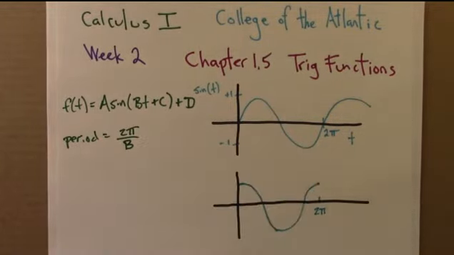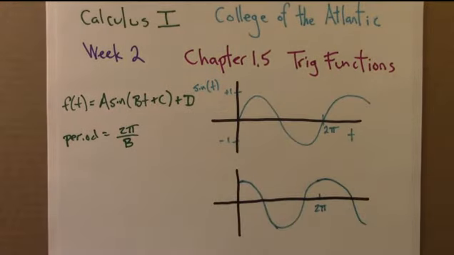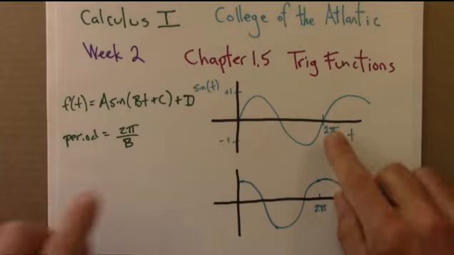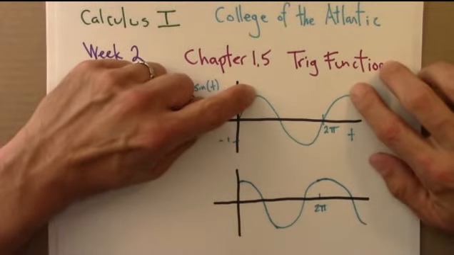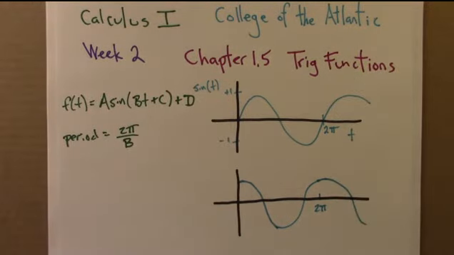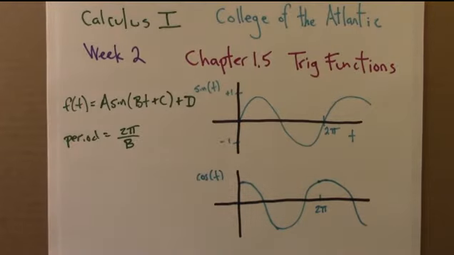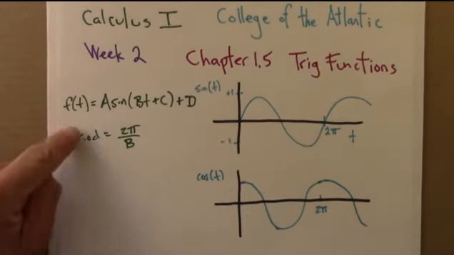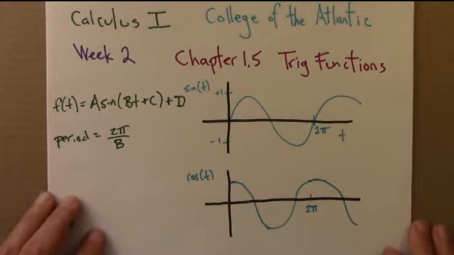So it has the same period. They both do their thing in 2 pi. And really they're the same function, it's just one happens to be shifted by the other. If I took this and moved it to the left, I'd have cosine. So this is cosine, there's cosine t, and this is sine t, and this is the basic formula for them. So let's do 2 quick examples to practice this.